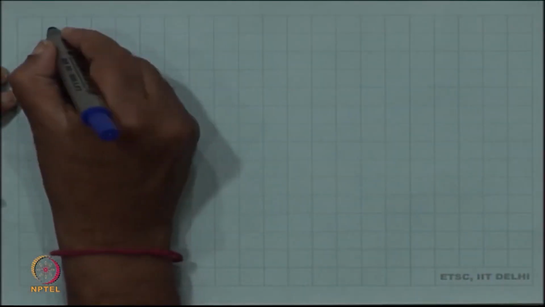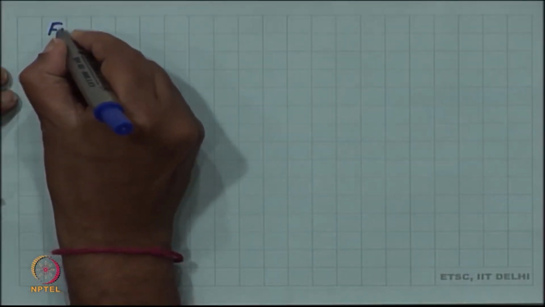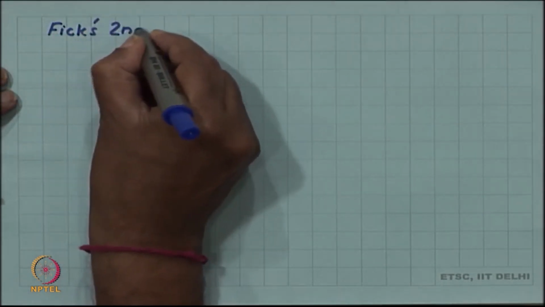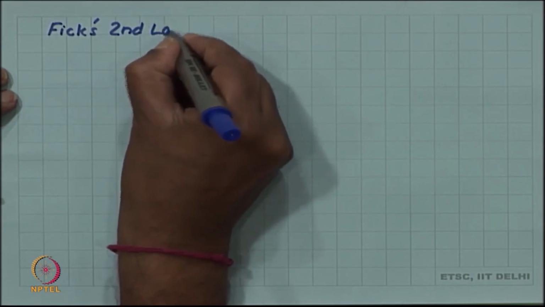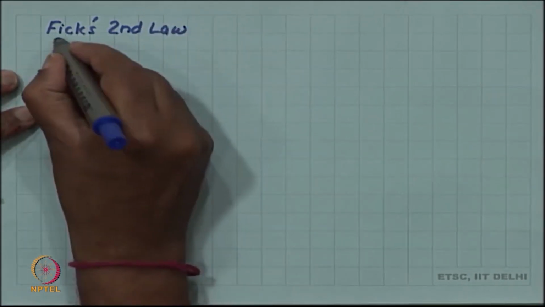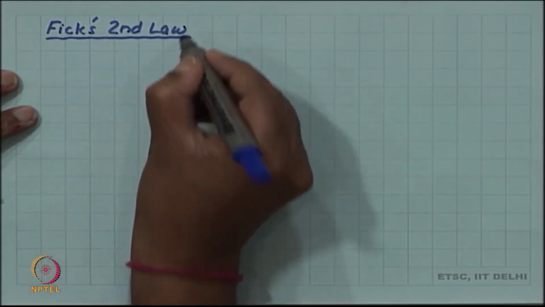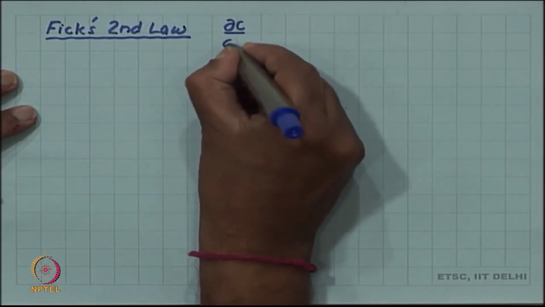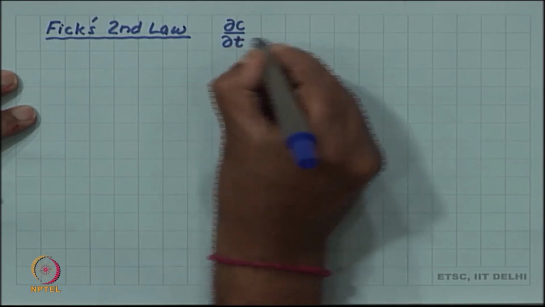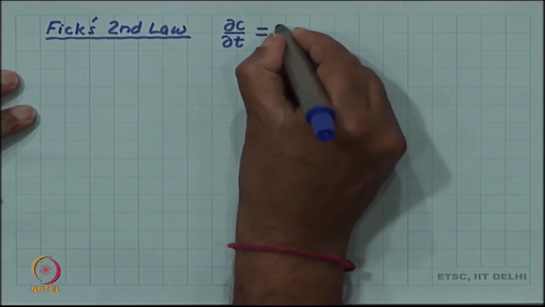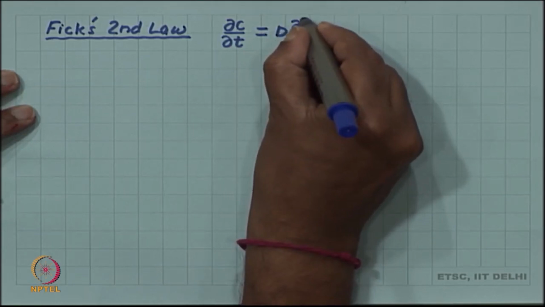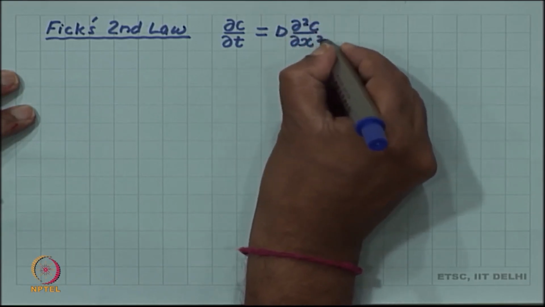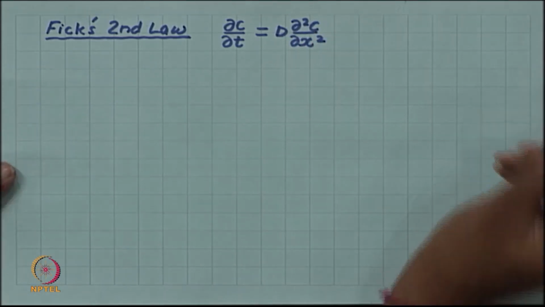So, recall that Fick's second law was just this differential equation: del C by del t is equal to D del 2C by del x square.